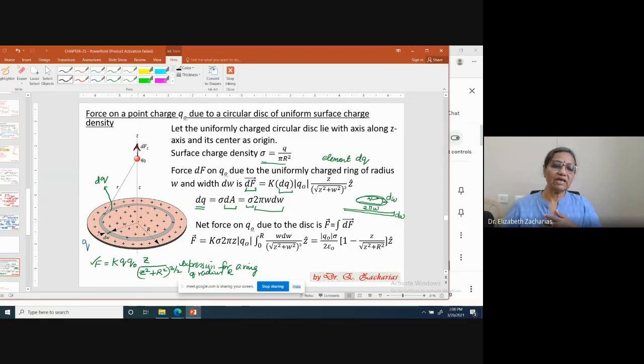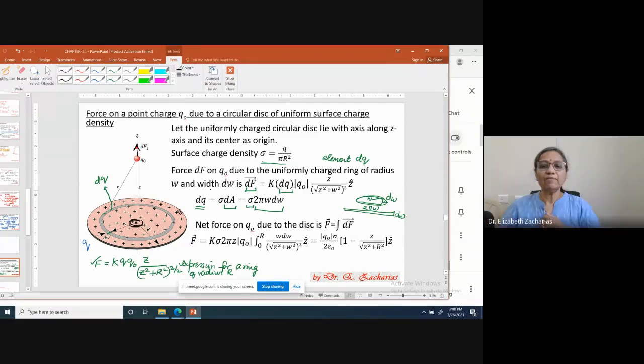Any ring like this, whether radius equal to 0 or a ring with radius equal to capital R, the force is going to be parallel like this only. So again, I don't have to do any components. All I have to do is take the force due to each of these rings and integrate. You understood that now? Yes, ma'am.